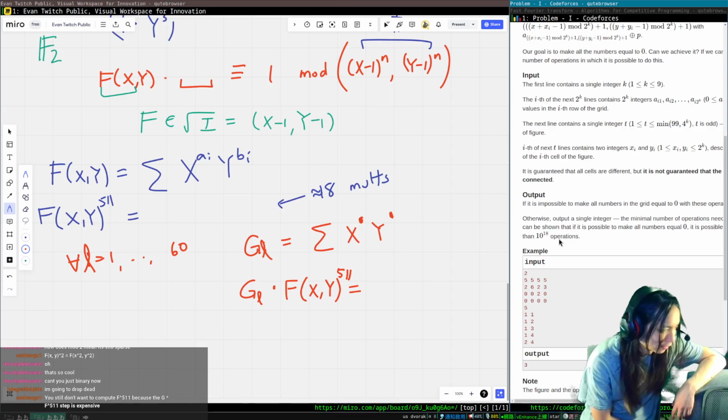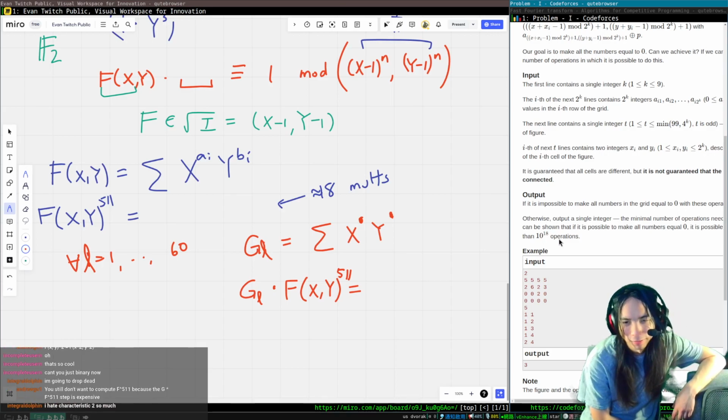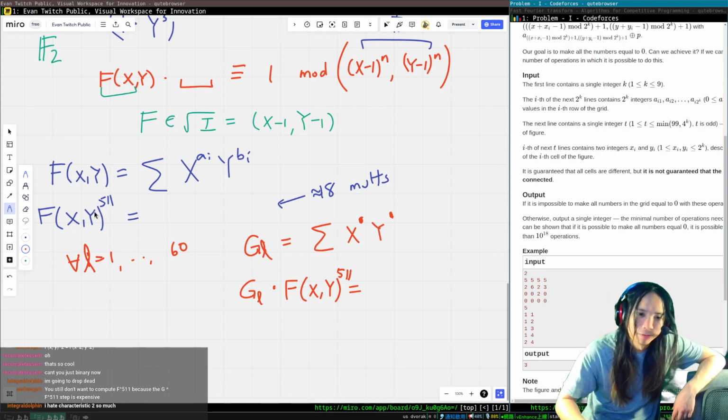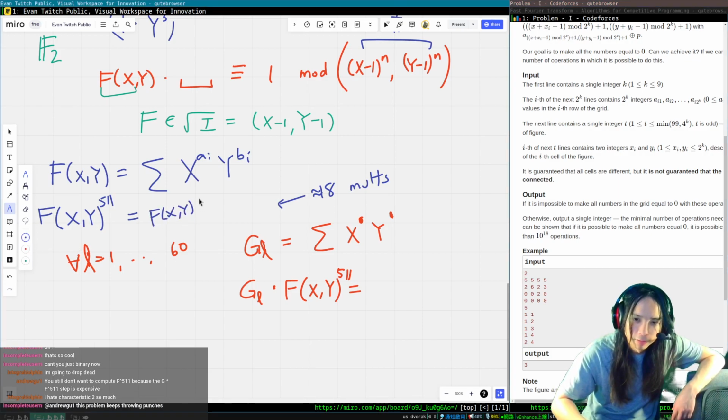I see. Okay. So I agree, you don't want to compute 511. But from the math point of view, the point is that this is f(x,y), f(x squared, y squared), up to f(x to the 256, y to the 256).